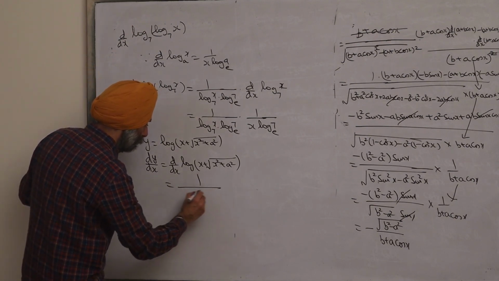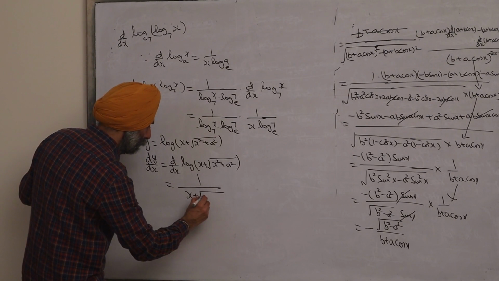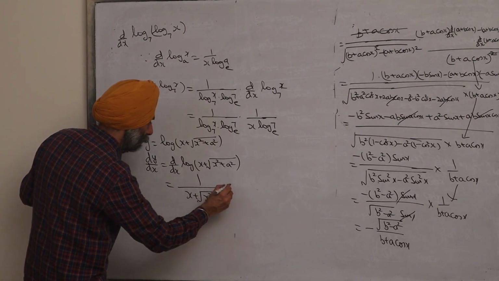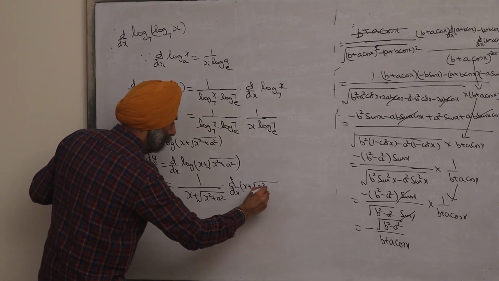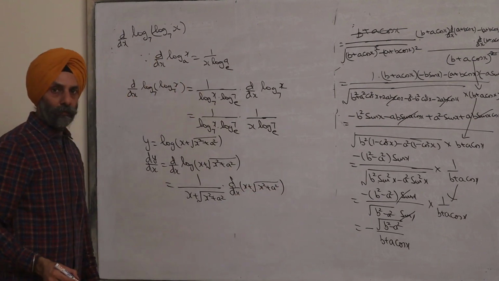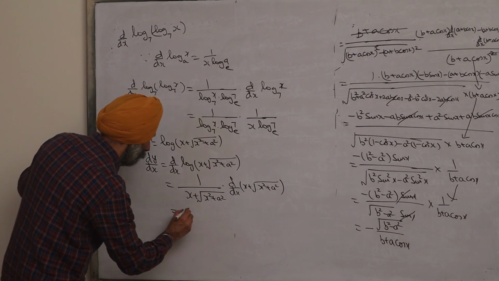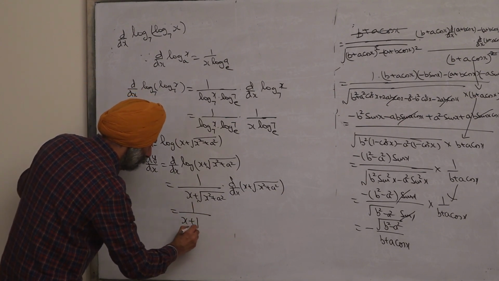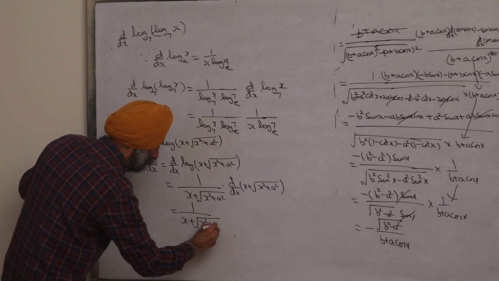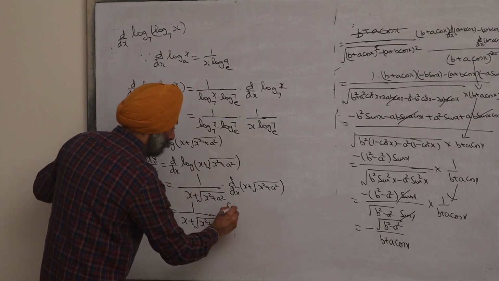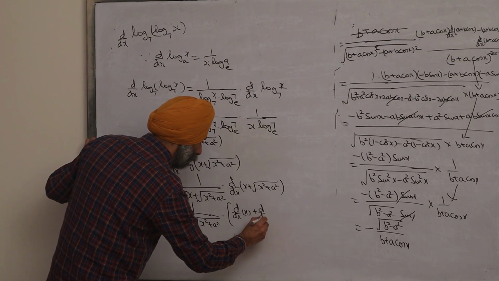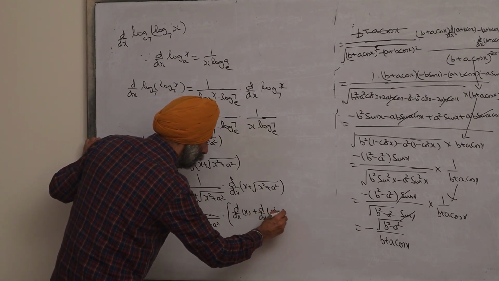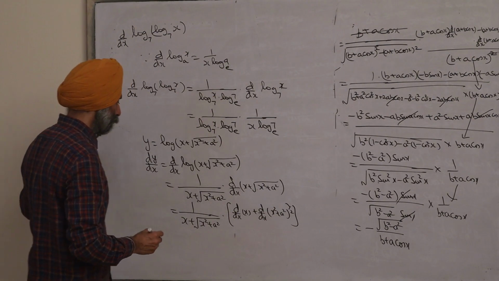Differential of log is 1 over x plus under root of x square plus a square into differential of x plus under root of x square plus a square. So it is 1 over x plus under root of x square plus a square into differential of x plus differential of x square plus a square raised to power half.